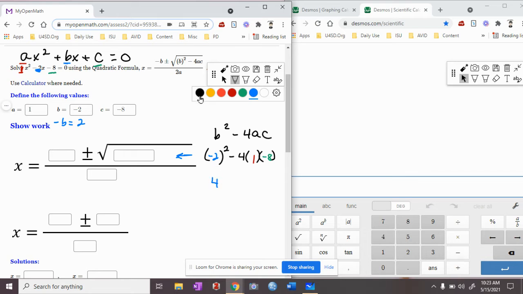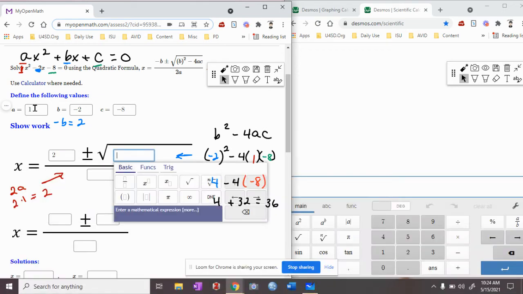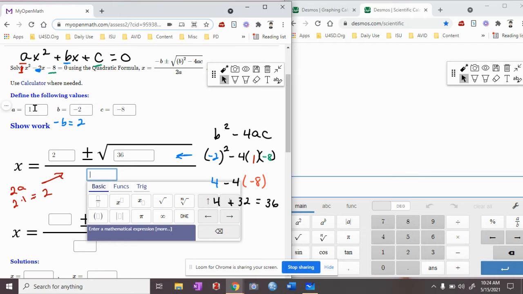So I have 4 minus 4, and then 1 times -8 is -8. -4 times -8 is +32. That gives me +36. So I have 2 +36, and then lastly, I have my 2a. That goes here. 2a, so 2 times 1 is 2. Okay, so let's put that in. We have 2, we have 36, and we have 2.